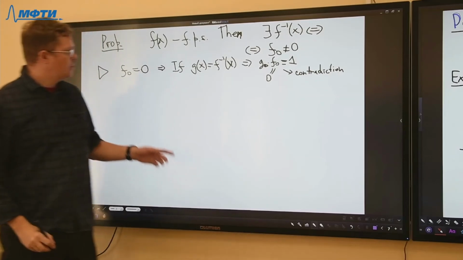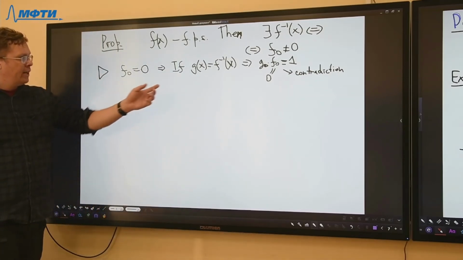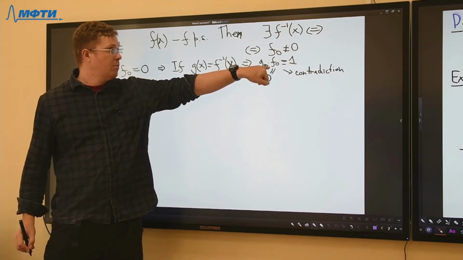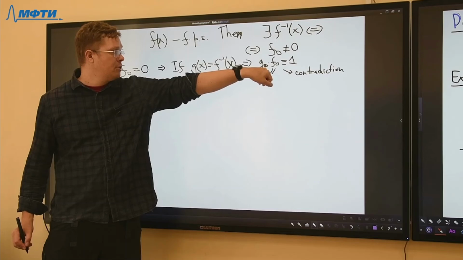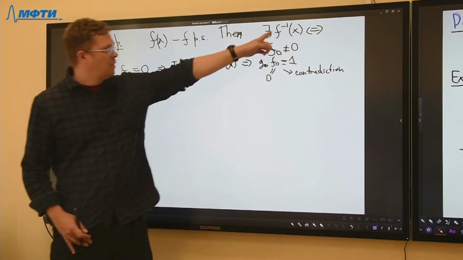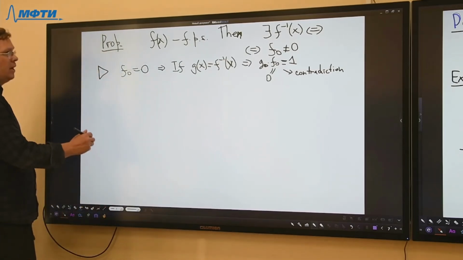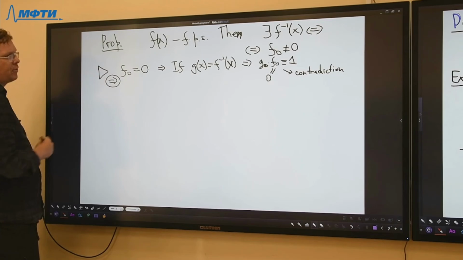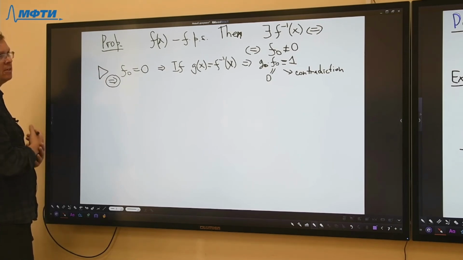We cannot multiply f by something to get 1, because we need the multiplication of the 0 coefficients to equal 1, but our coefficient f0 is 0. So I proved it from left to right: if there exists an inverse, then f0 is not equal to 0, because otherwise we would have a contradiction.